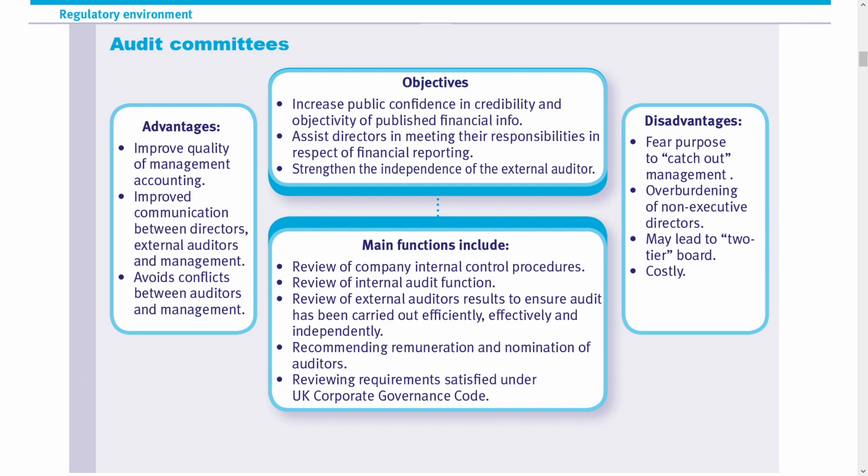So the users of the financial statements know that the auditors who audited them are independent, because they have to report to an audit committee. So the objective is that they give credibility and objectivity to the financial information. Number two, it helps the directors in meeting their responsibilities in respect of financial reporting.